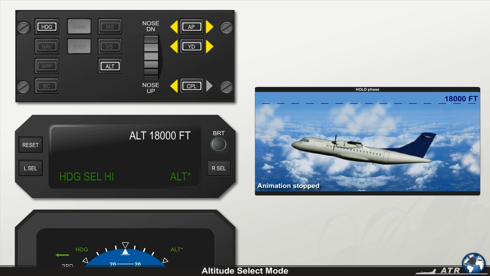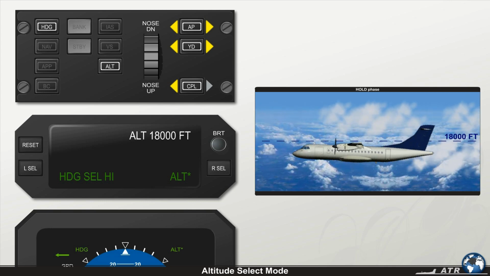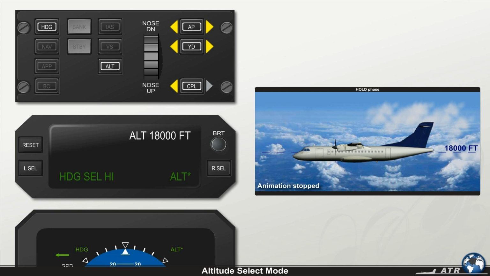Hold phase. When the pre-selected altitude is reached, the Altitude Select Capture mode is automatically cancelled. The Altitude Hold mode becomes active, and the green ALT asterisk message is replaced by a green ALT message on both ADU and EADI.